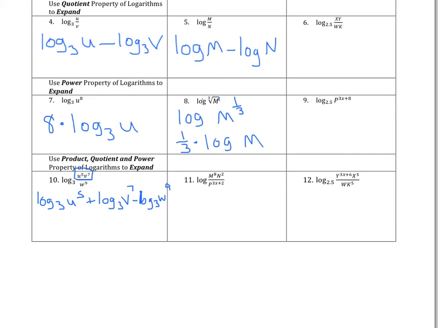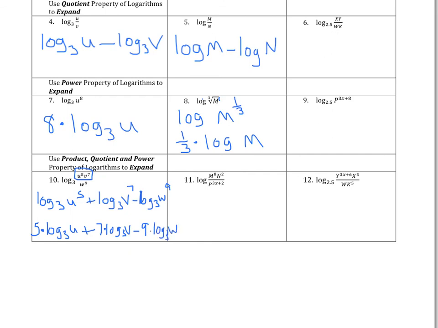So we have u to the 5th, v to the 7th, and w to the 9th. So we're going to go back and write 5 times log 3 of u plus, we're going to multiply 7 times log 3 of v, and then we're going to subtract 9 as the exponent times log 3 of w.